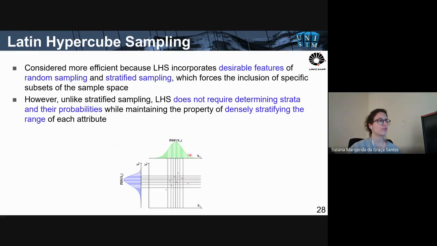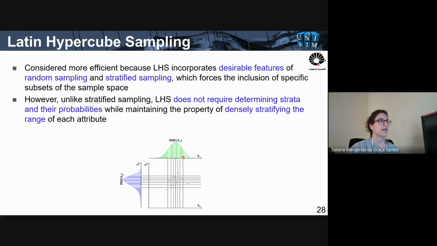So if you do, for example, I have here 1, 2, 3, 4, 5, 6, 7, 8 levels, right? If you do 8 samples, the method will make sure that one is here, one is here, and so on. So it does random sampling, but inside the interval, and it makes sure that you have all your intervals covered.